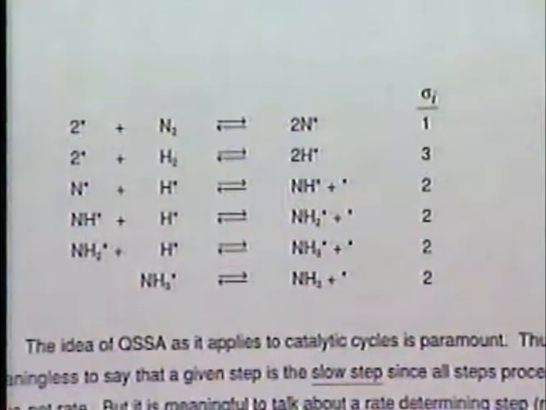In other words, everything that includes the active intermediates, which are the empty sites and the occupied sites, each site being denoted by an asterisk, they all cancel out, and we end up, when we sum up, with N2 plus 3H2 is equal to 2 NH3. So the stoichiometric number has a mechanistic meaning.